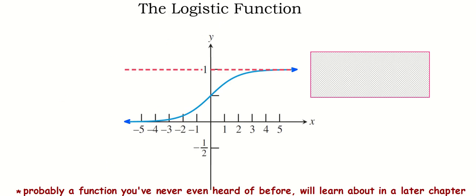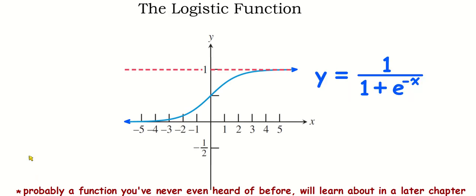The logistic function, geez, this makes me think of Calc BC, but certainly not in a scary way. But here you go. There's e again. And is there also a horizontal asymptote right here?